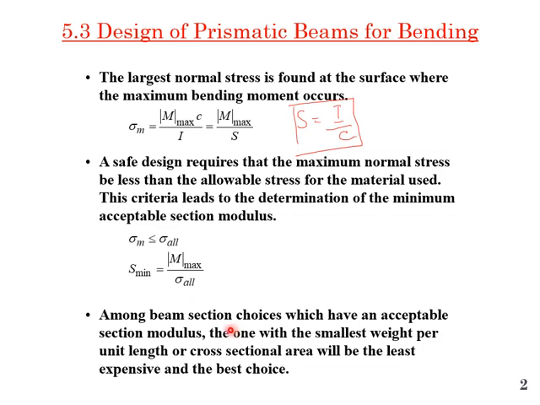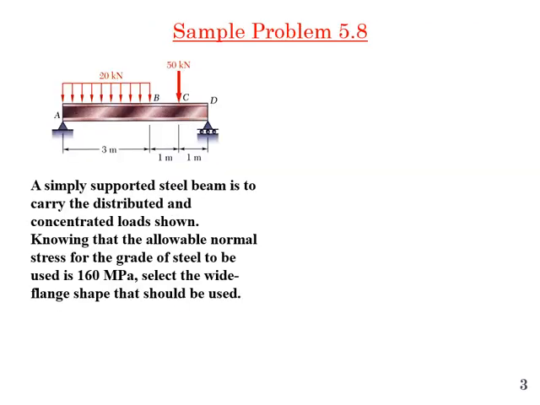Because the smaller the cross section, for the same length of the beam, the weight will be less and it will be less expensive. In some cases you have to design or decide what the cross section of the beam will be, and we will see. Okay, now let's see a sample problem, sample problem 5.8 from the book.